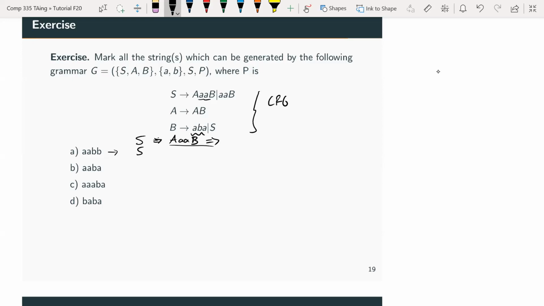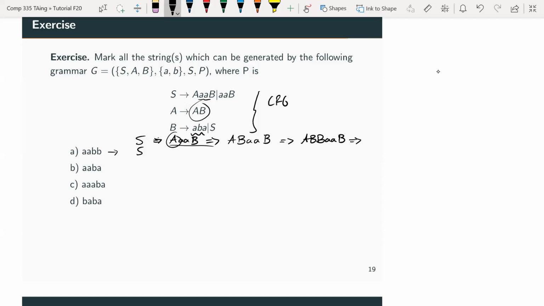And that's because here the A, the only thing I can replace it with is AB. So I can only replace that with AB. So I'm going to do AB, AAB. And then again, I'm going to replace that with ABB, AAB. And essentially so on, right?